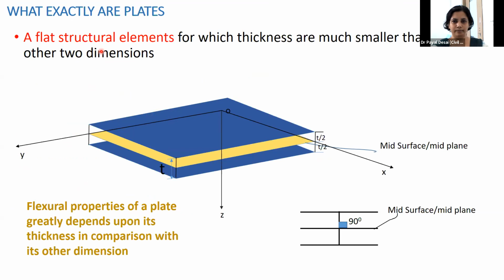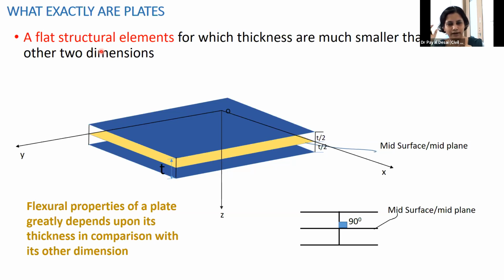Of course, I keep repeating this parameter because the thickness is much smaller compared to the other two dimensions. Thickness has a very significant role in the contribution to bending stiffness. All of you know that, because in the case of a beam you have analyzed moment of inertia, bd cube by 12, the d cube, where d is the depth of the beam.